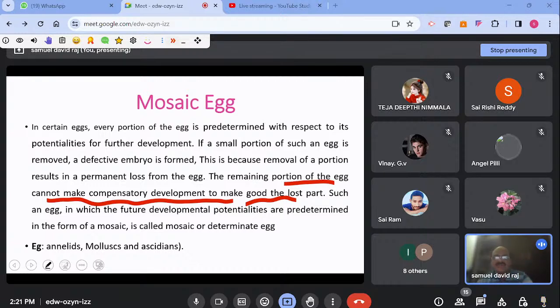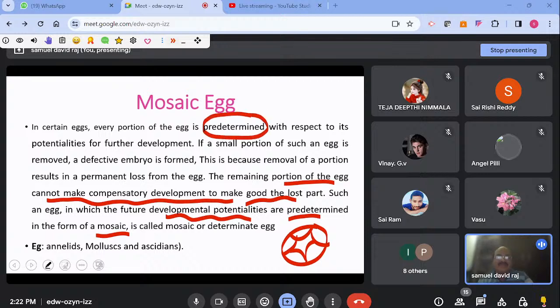Such an egg, in which the future developmental potentialities are predetermined, is in the form of a mosaic. This portion is different, this portion is different, every portion is different. Hence we call it a mosaic egg, and that development is called mosaic development. Here the destiny is predetermined, hence we can also call it a determinate egg.